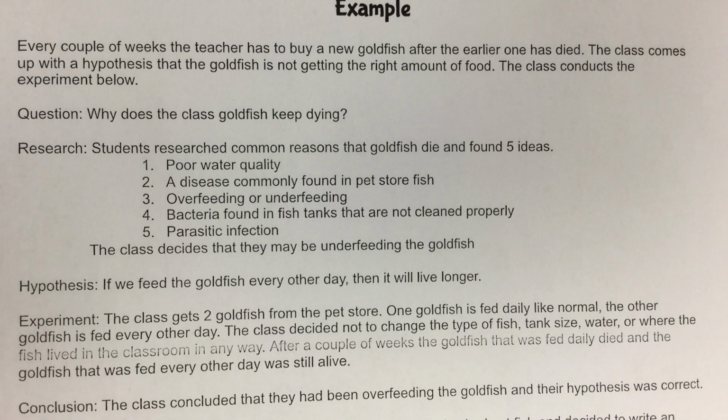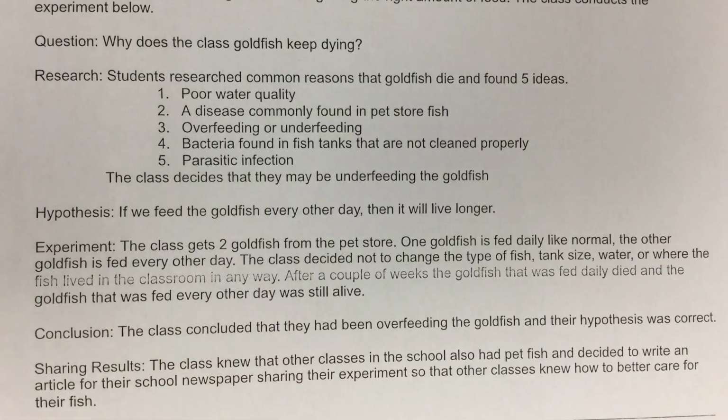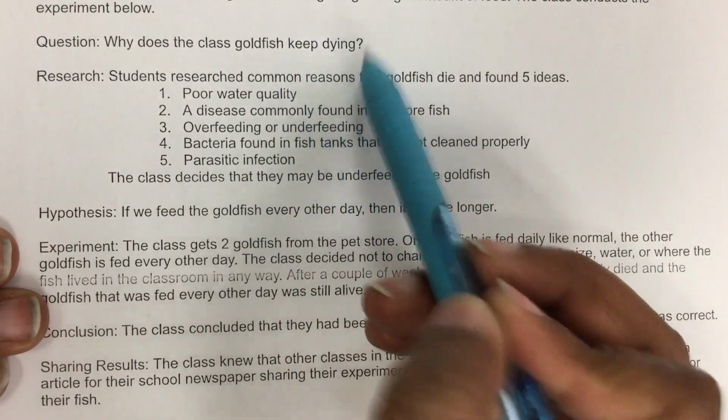The class comes up with a hypothesis that the goldfish is not getting the right amount of food. The class conducts the experiment below. They ask the question, why does the class goldfish keep dying?